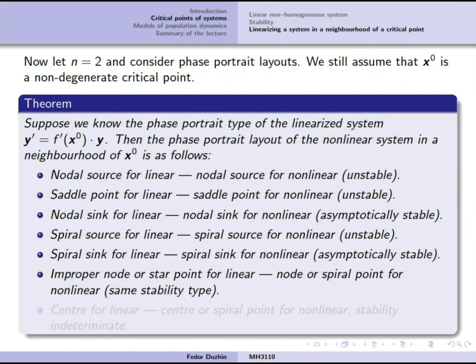But if the linear system has an improper node, then the nonlinear system may have a node or a spiral point, but of the same stability type. So the stability is still preserved. However, if the linear system has a center, then the original nonlinear system may have a center, but it may also have a spiral point, which may be either stable or unstable. We don't know.